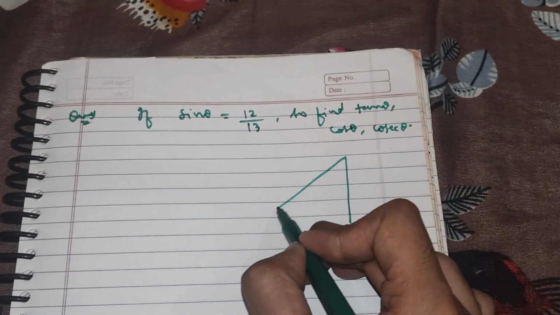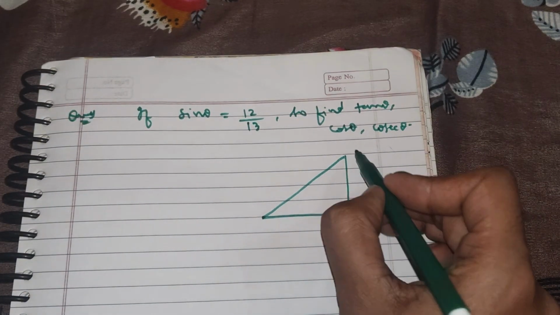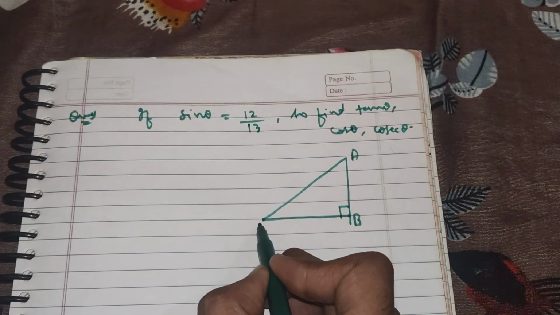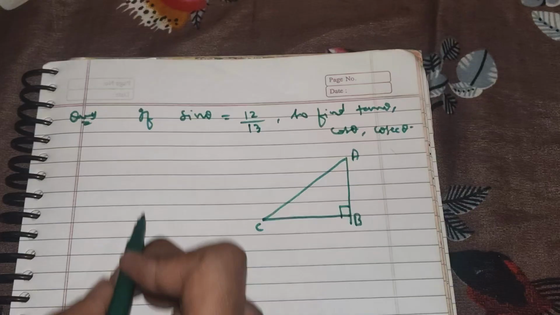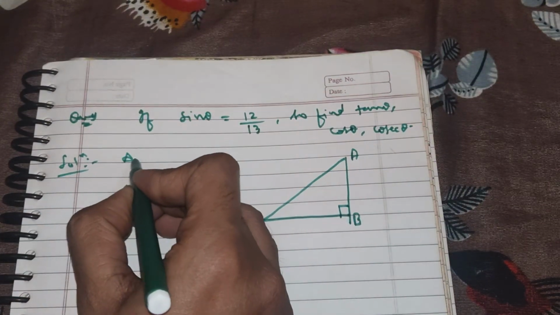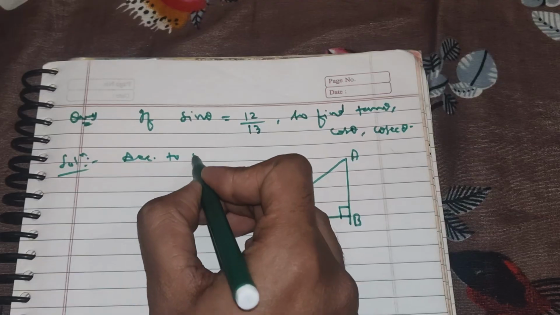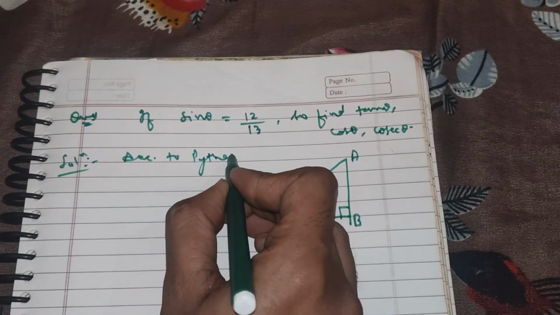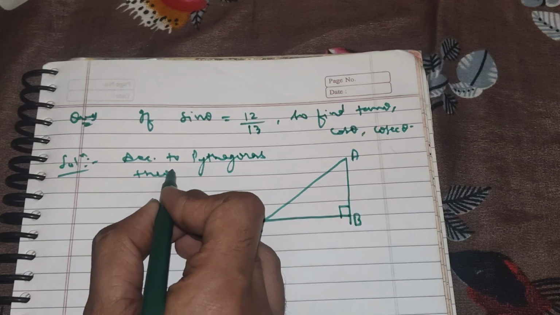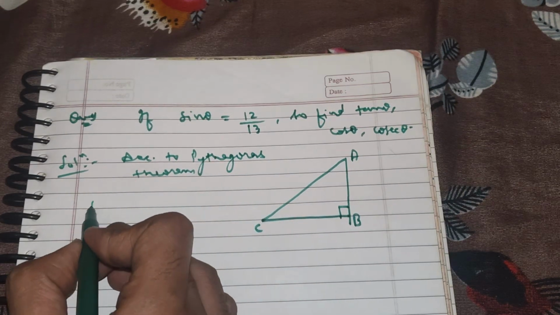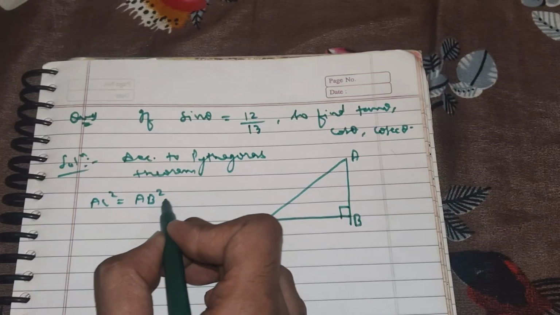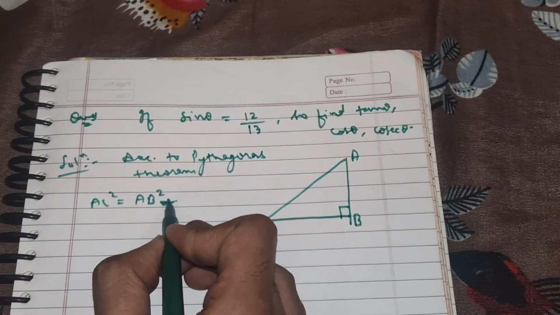We will simply use the Pythagoras theorem here. This is a right angle triangle ABC, and according to the Pythagoras theorem, AC square is equal to AB square plus BC square.